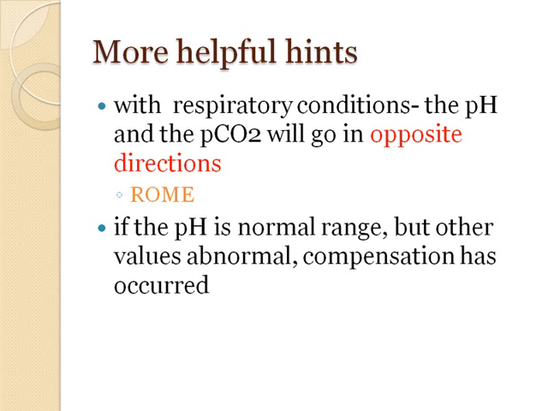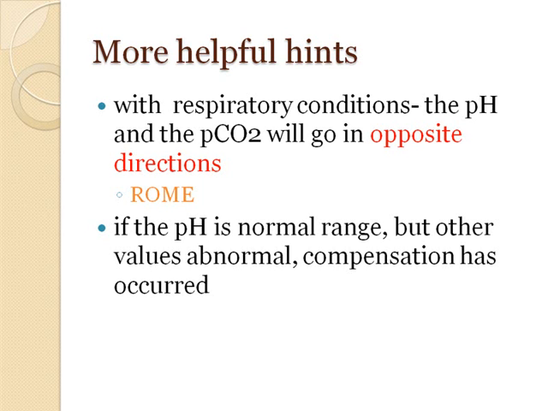If your pH is decreased and your CO2 is high, that's another good indicator that you have a respiratory issue. So compare your pH with your CO2, and if they're going in opposite directions, one's high and one's low, it's a respiratory issue. Then you have to look at the pH and determine, well, is this an acidosis or an alkalosis?